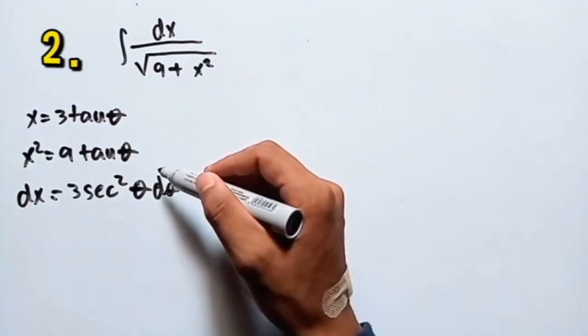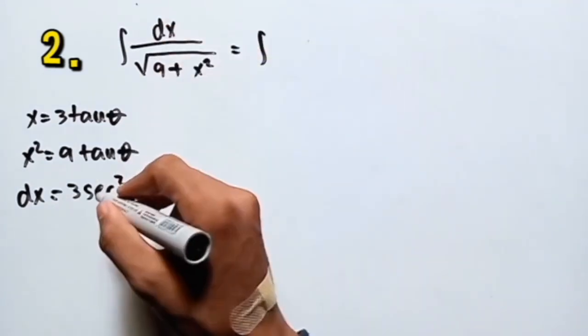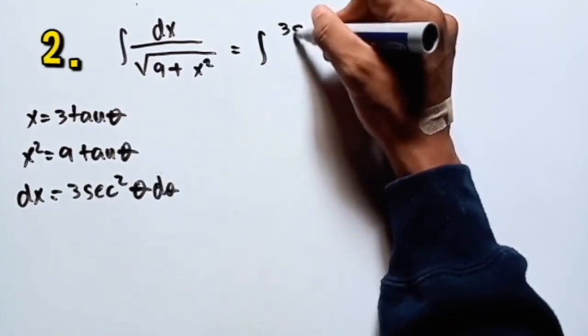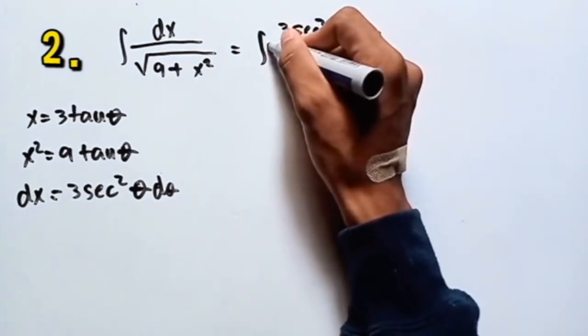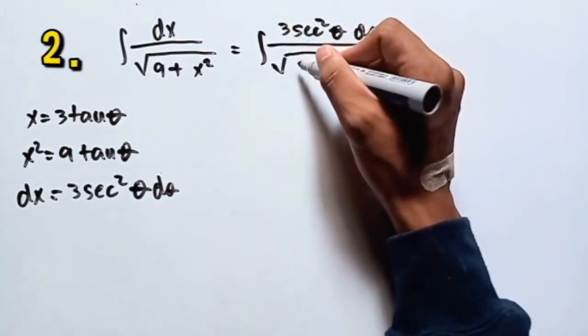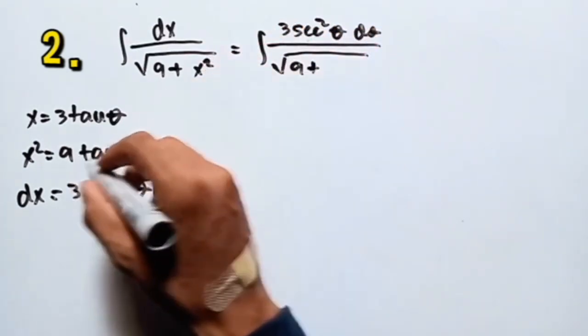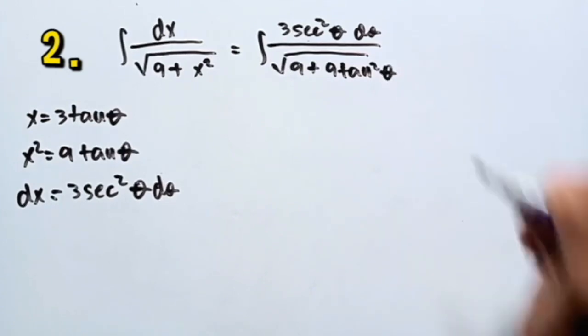Now I will input this value into the integral. So this is equal to the integral of dx, which is here, 3 secant squared theta d theta over square root of 9 plus x squared, which is here. So 9 tan squared theta.